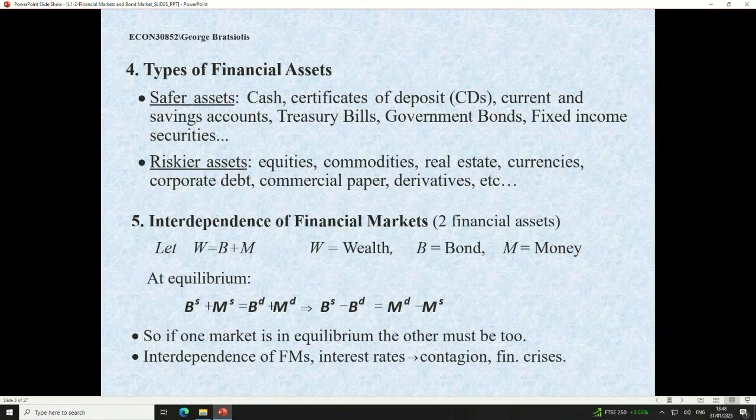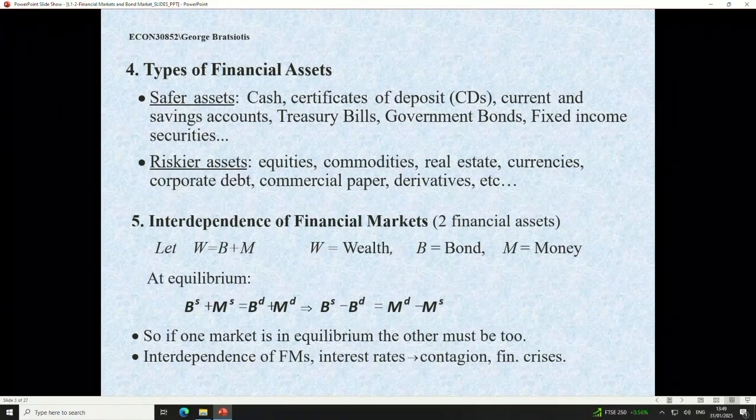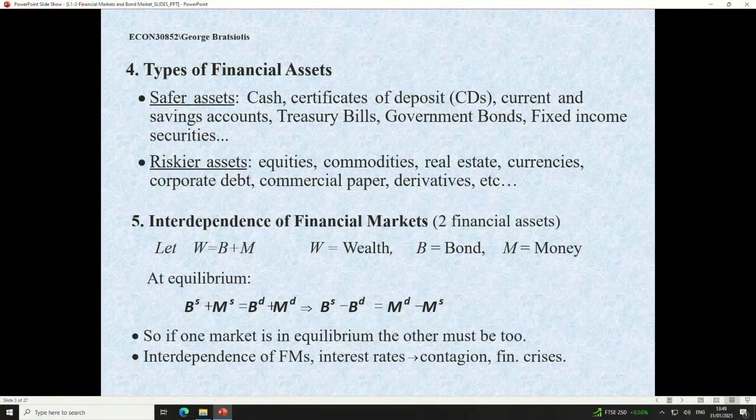And let's say, therefore, that an individual, the average household out there, the rational agent as we call them, holds both money and bonds. So the wealth of the economy is just bonds and money. You look at the financial markets, there's only bonds and money.